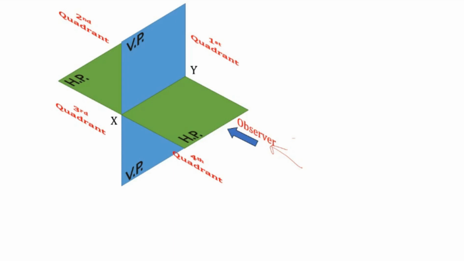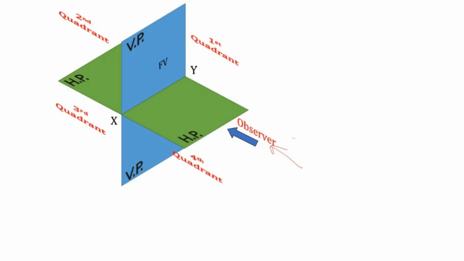As I showed you in the front view, we were able to see only the vertical plane. No HP was visible in that case. So that is where the observer normally stands in the case of orthographic projections.